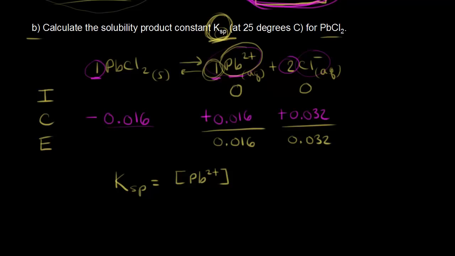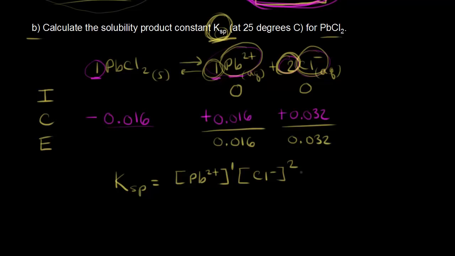And here our coefficient is a 1, so we're going to raise this to the first power. And we're going to multiply this by the concentration of chloride anions, Cl minus, and then we're going to raise the concentration to the power of the coefficient.